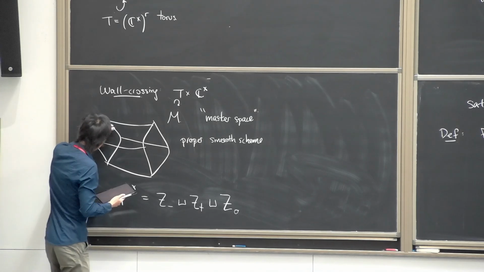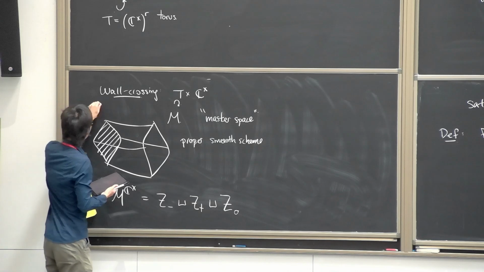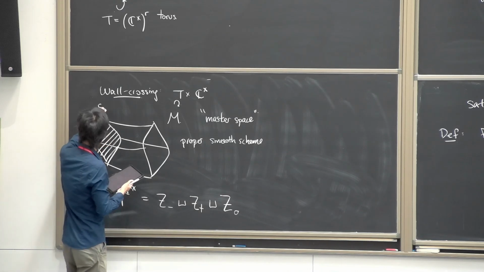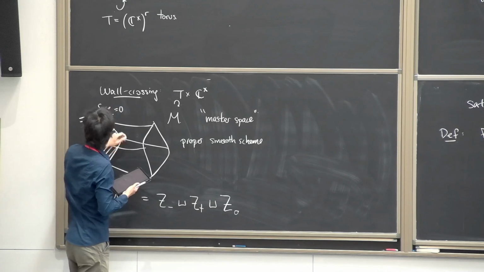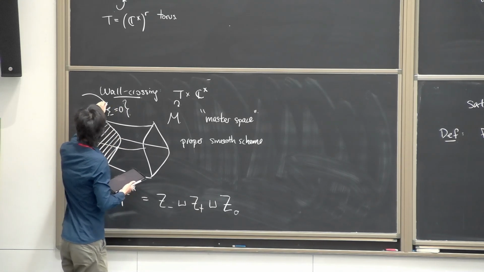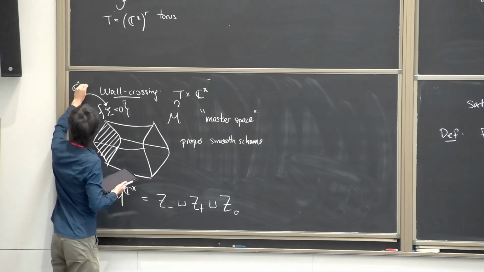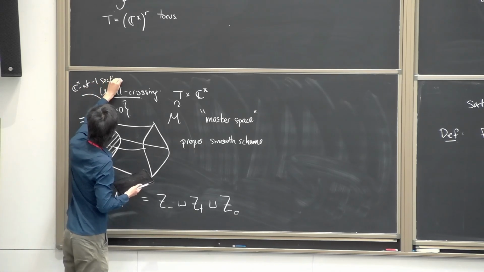And Z minus will be some kind of divisor. It will be the zero locus of some section psi minus, where this is some C star weight -1 section of some line bundle.